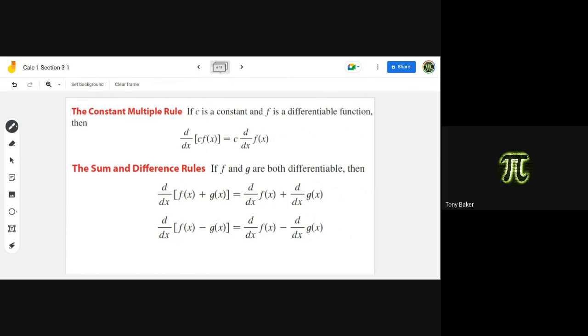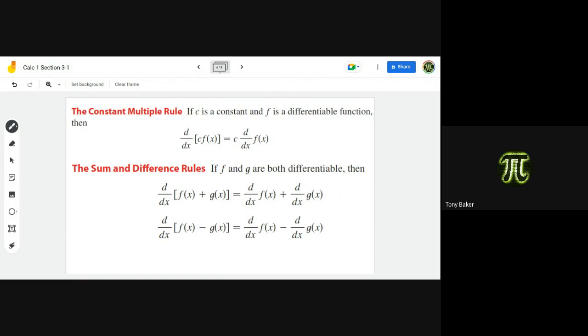The next one is sum and difference. If there's an addition or subtraction between them, not multiplication and division, addition and subtraction, I can split them apart and do them in pieces. These are both obvious rules.